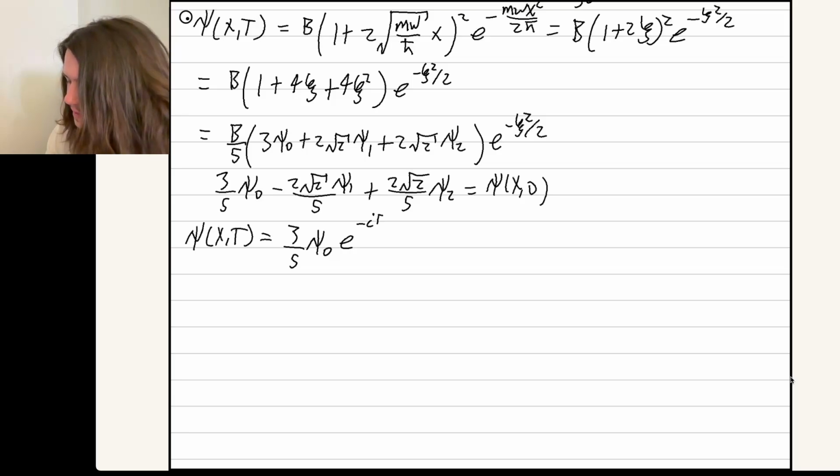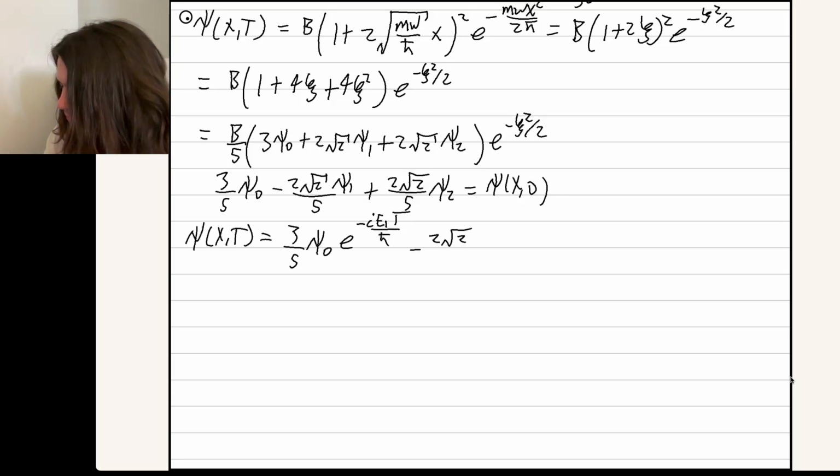So this is going to be e to the I E1 T over h bar. And let me actually write capital T instead of little t. Minus 2 root 2 over 5 e to the minus I E2 capital T over h bar plus 2 root 2 over 5 e to the minus I E3 capital T over h bar.